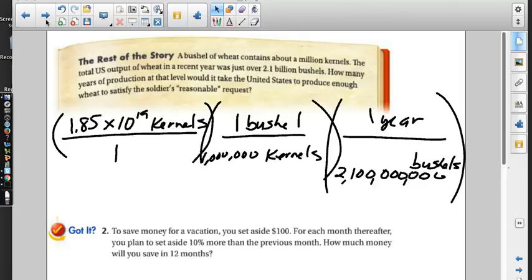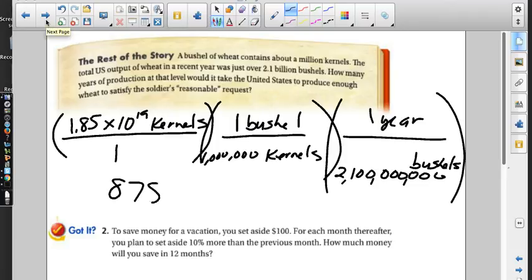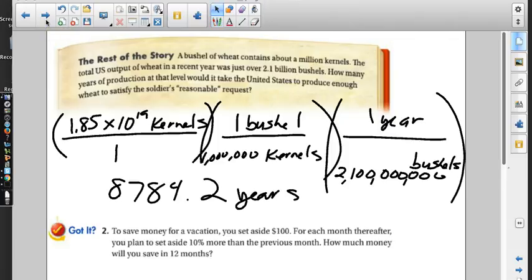They didn't have calculators back then to figure this out. What's the label that'll be left if we cancel labels top and bottom? Years. Oh my goodness. This is a big number. Our entire country would have to produce wheat at that level for 8,784.2 years to get enough wheat to grant his reasonable request.